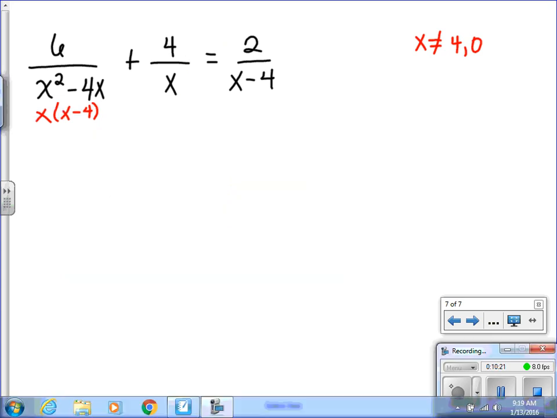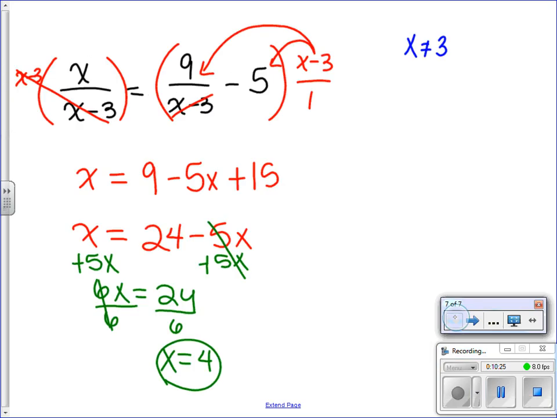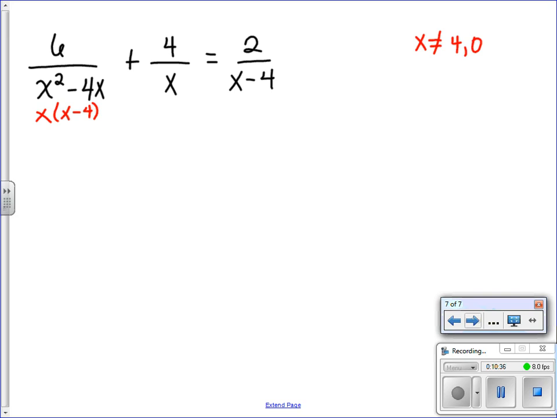The way we're going to do this is more like this one. We're going to try to eliminate the denominators altogether and have just a nice line of numbers to work with, okay? So I want to eliminate the denominators. I have to multiply by something that makes them cancel out, okay?